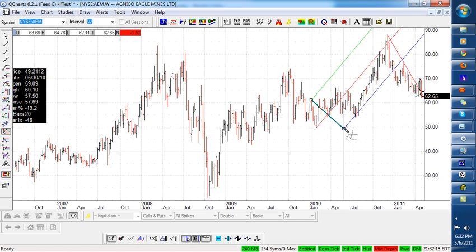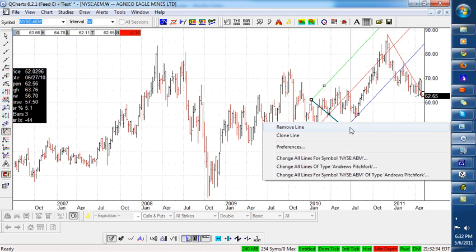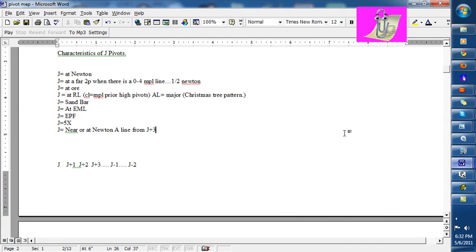Let's see. I'm eyeballing this area here as I'm drawing this. It comes out right down there. Okay, so here's your Newton point, which is on your list of points where J's are made. Okay, so that's your characteristics of J pivots, characteristics of major pivots. Okay, there is your list.